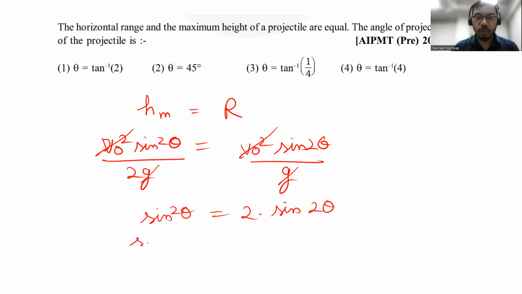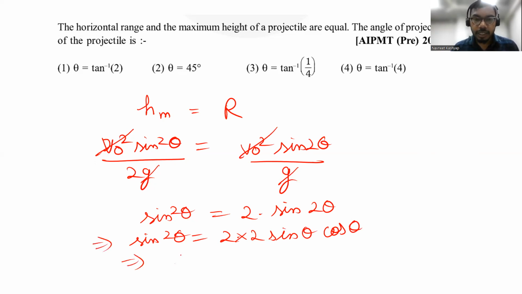Now again we will have to apply the trigonometry. So we get sine 2 theta is 2 sine theta cos theta. On the other side we have sine square theta, and one sine theta cancels. We get sine theta is equal to 4 times cos theta.